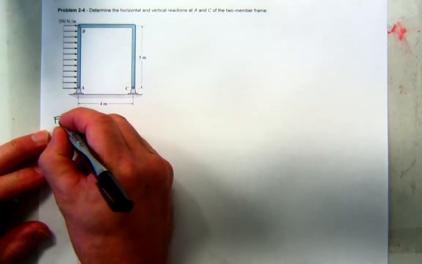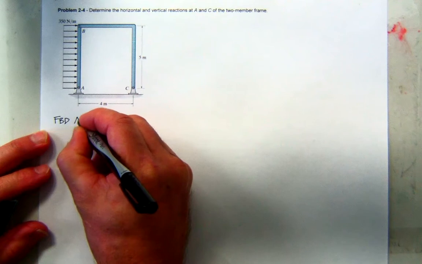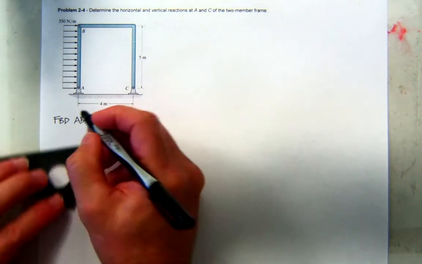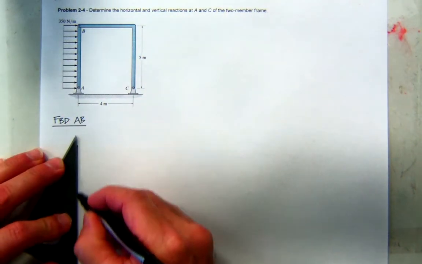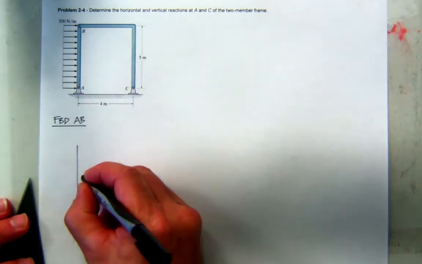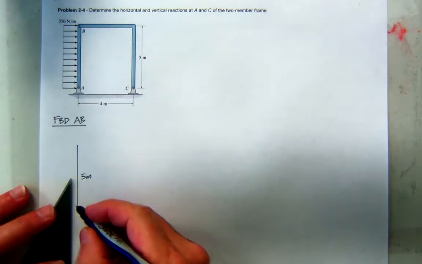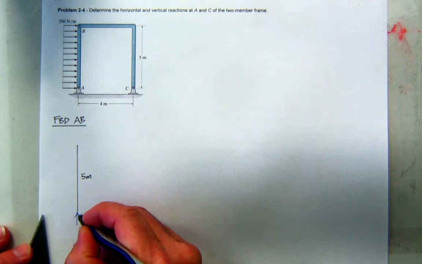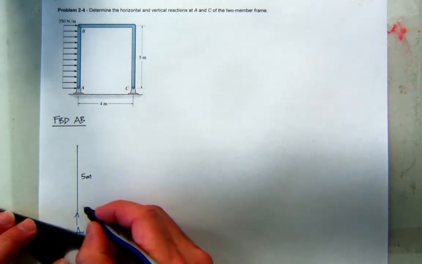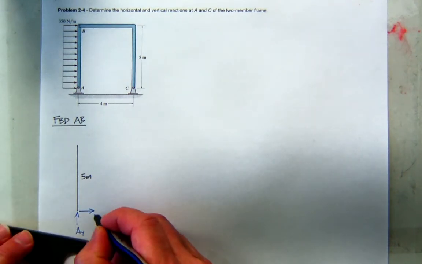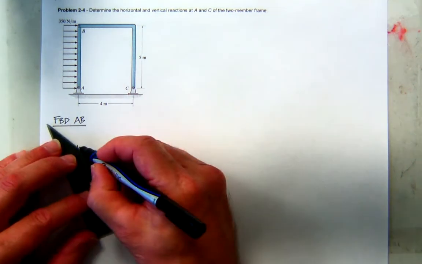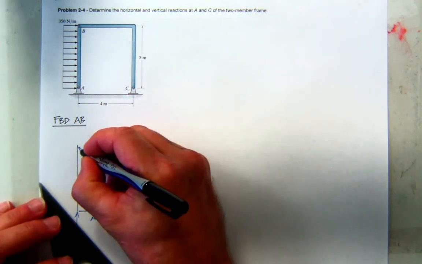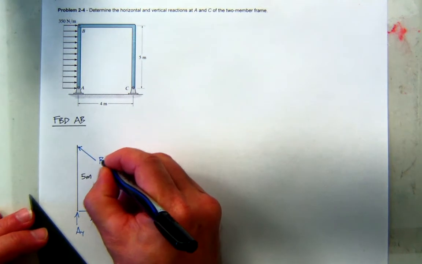So my free body diagram of AB. I'll draw that. That's 5 meters tall. At A, again we'll assume AY, AX. And I'm going to come over here and draw some force that I'll call B again.